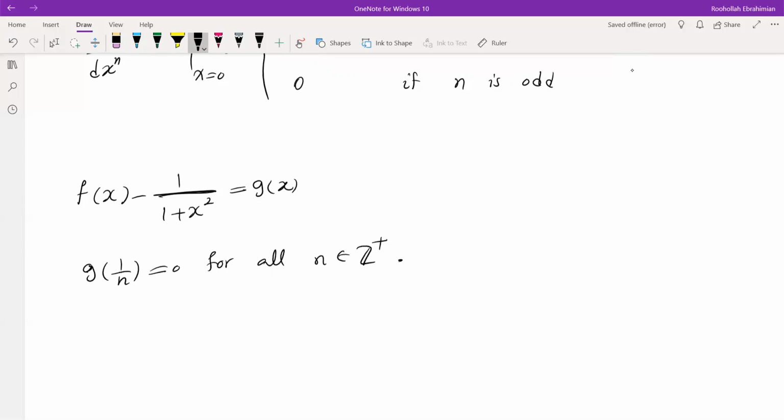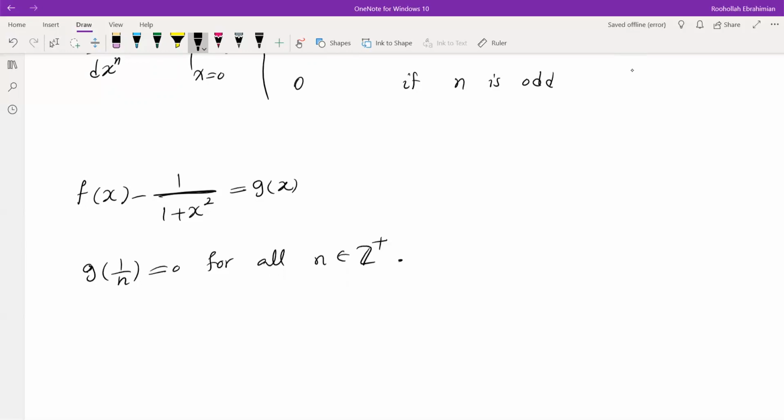If I can solve the problem for this, then I'm going to be done, because I know the derivatives of 1 over 1 plus x squared. So if I can solve it for this particular function that is 0 at all of the 1 over n, then I'm done.